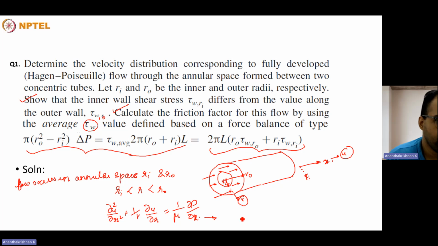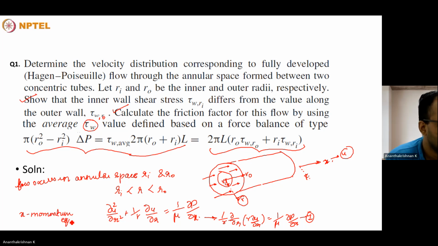This can be written in a more concise manner, taking these two terms inside the bracket: 1 by r d/dr of (r du/dr) is equal to 1 by mu dp/dx. So that is the x momentum equation in terms of the cylindrical coordinate.